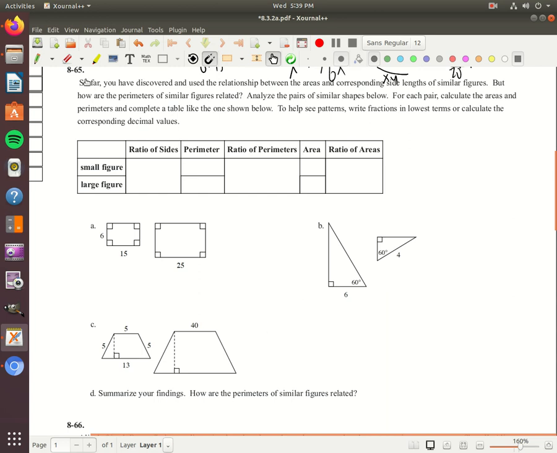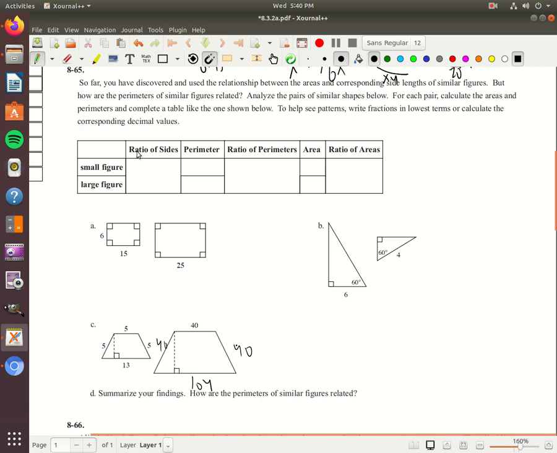But anyways, on a trapezoid, we go here, and the idea would be, we already know these things are similar, so I can really just multiply by, it looks like 8, right? So this is going to be 5 times 8, this is 5 times 8, this is going to be 13 times 8, which is going to be 104, I believe.